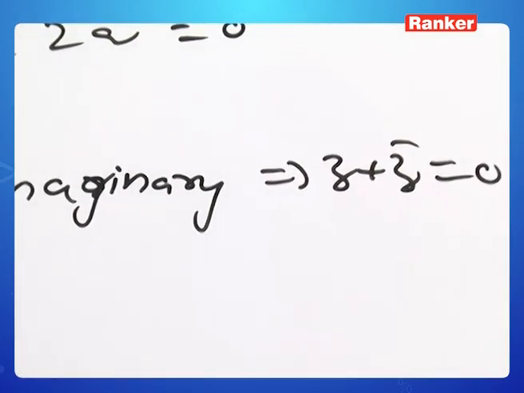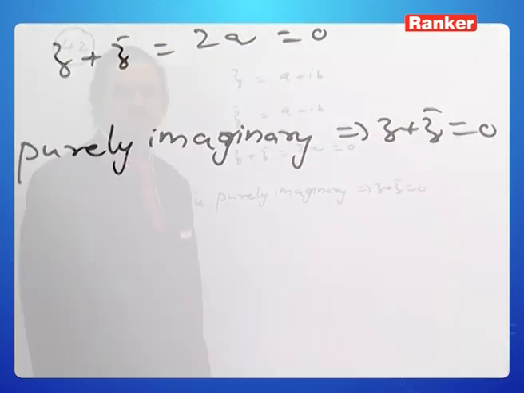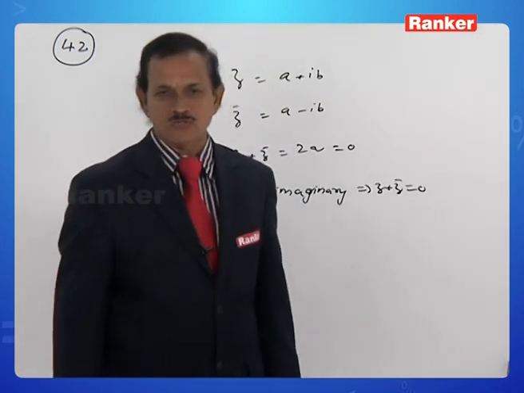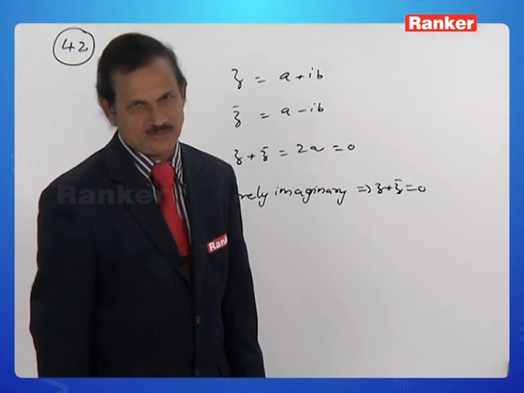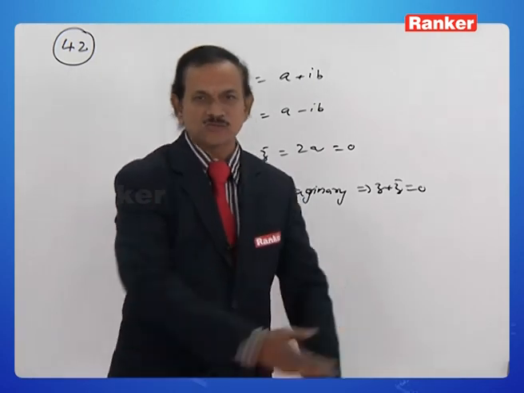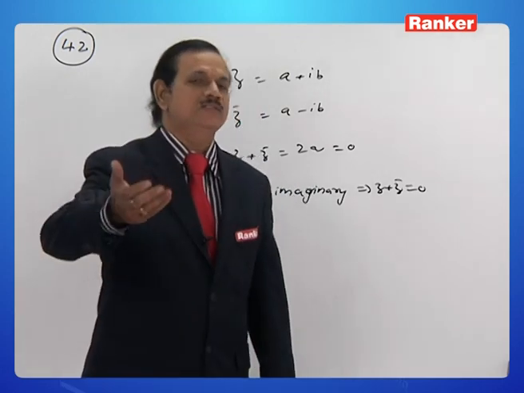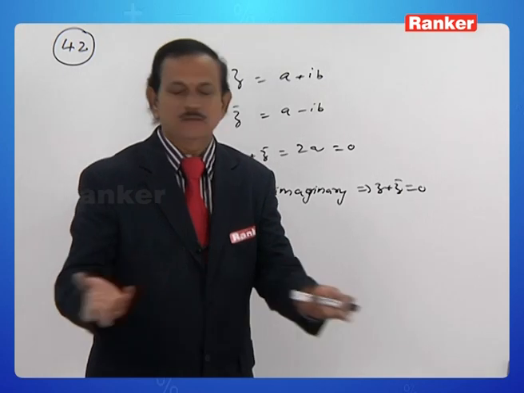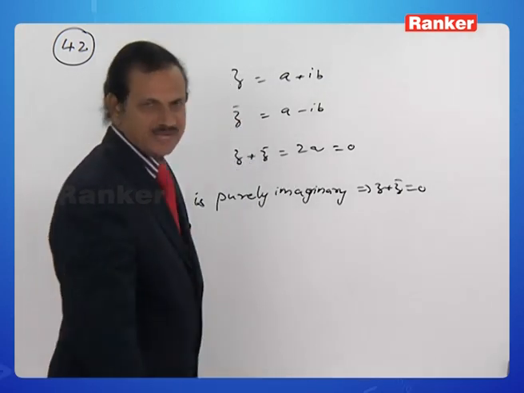It is an easy matter to recollect. For every complex number this happens, and in the present question he is giving us that (1 minus Z) by (1 plus Z) is purely imaginary. In what way can we make use of this concept? It's very simple. (1 minus Z) by (1 plus Z) plus its conjugate should become 0.